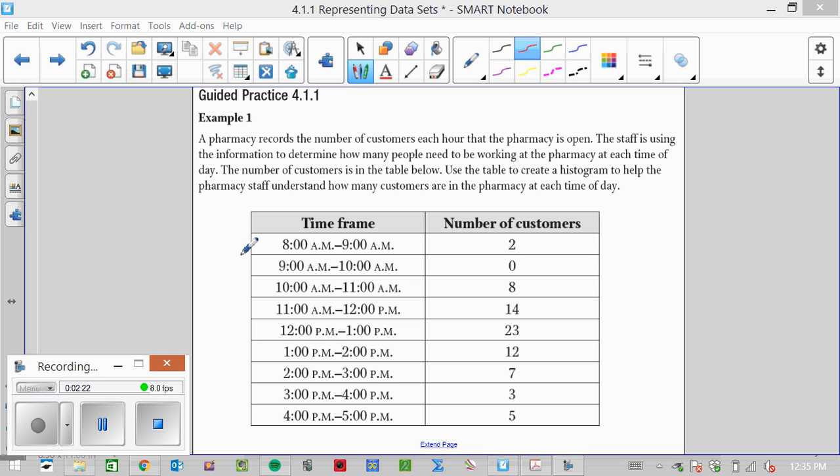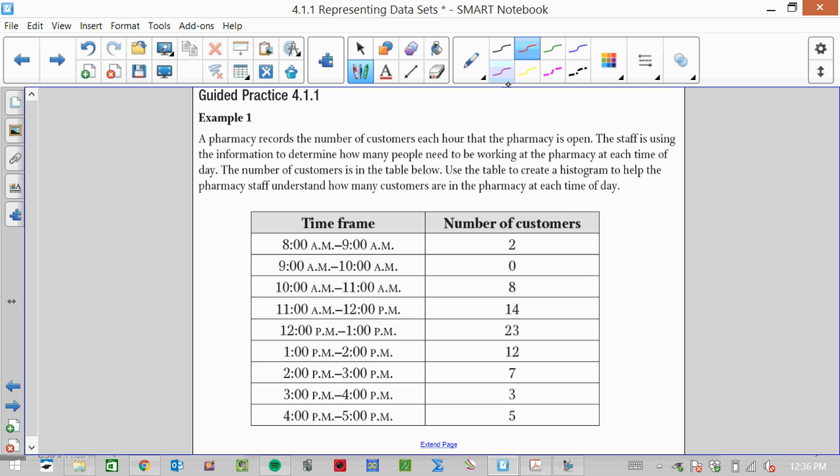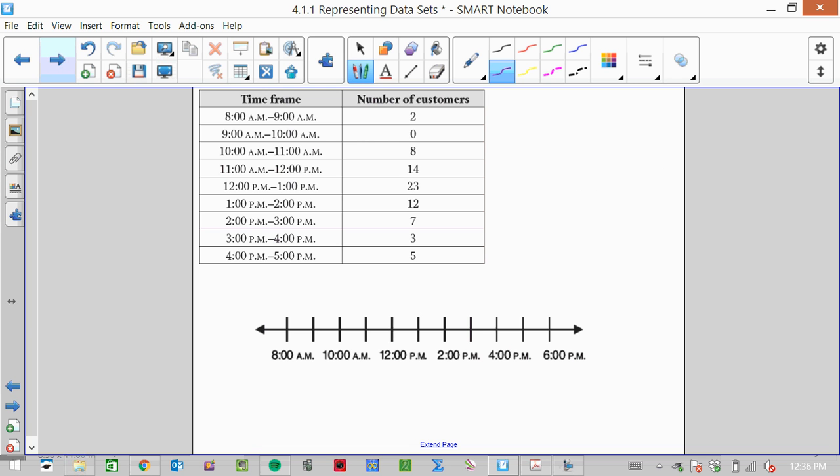So you'll notice along this side, we have our times by hour, and then on this side it lists the number of customers that are showing up. So the very first thing that we need to do is create our number line.